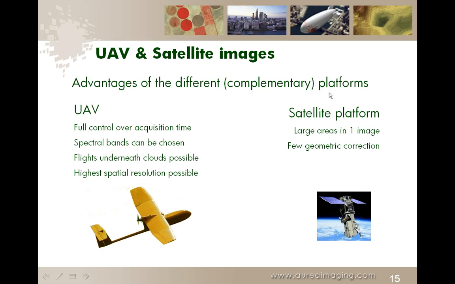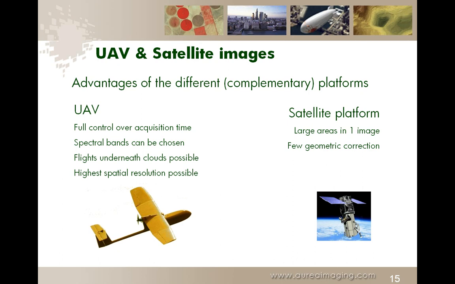The advantages of the satellite platform, which can of course never be equalized, are the area. Satellite has very large areas. Like with UAV, we can do just one field. And then we also have the geometric correction with the UAV. You have to make the mosaic, joining hundreds of pictures, which can be now quite automated.